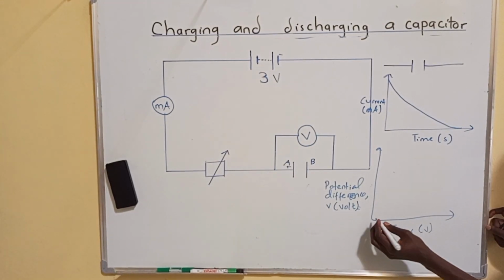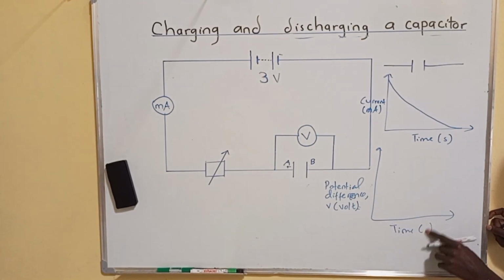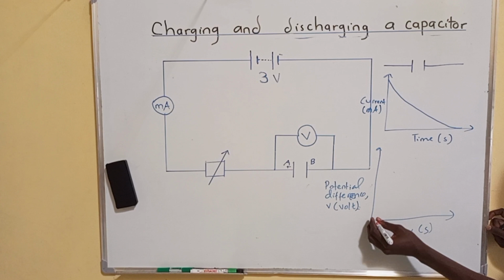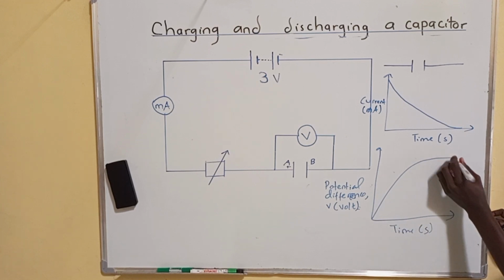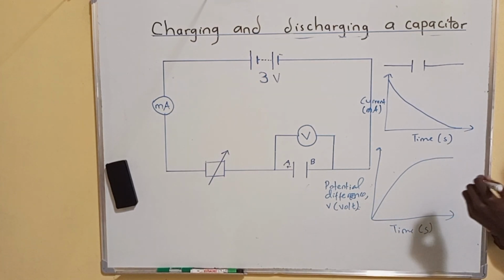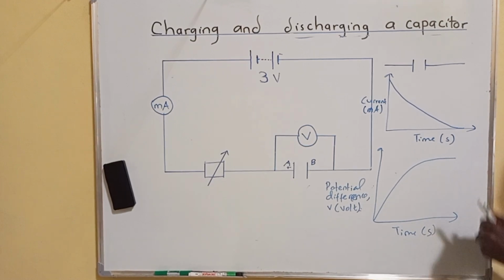So the potential difference increases with time in seconds. It increases exponentially until a point whereby the capacitor is fully charged.